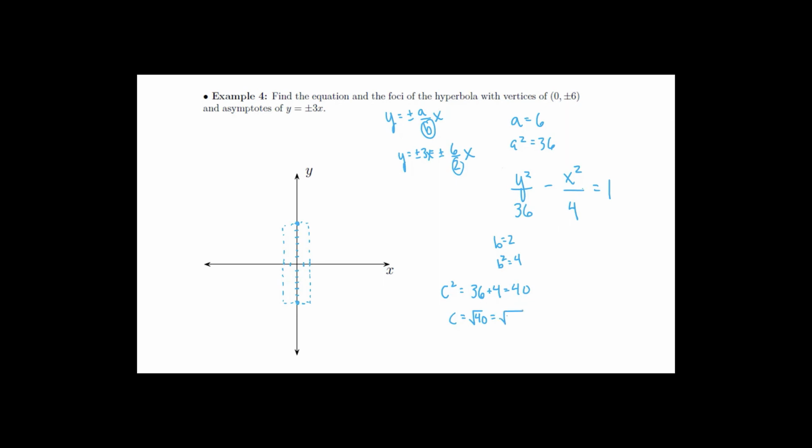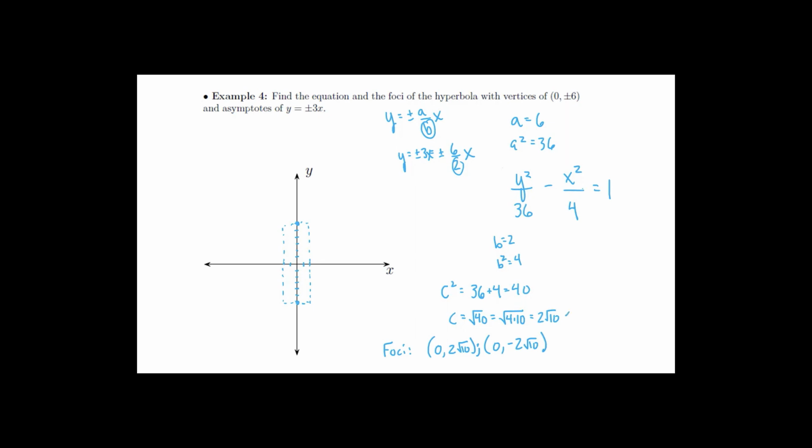The square root of 40 is square root of 4 times 10, which is 2 roots of 10. So to put it nice and simplified, we would say that our foci are (0, 2√10) and (0, -2√10).